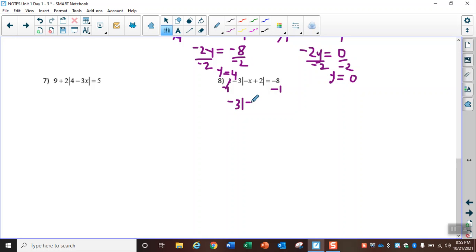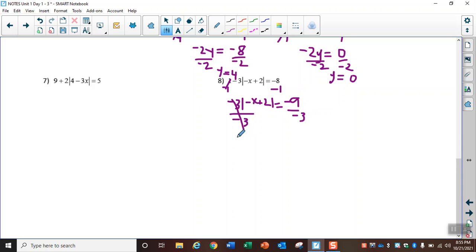So that goes away, and then I've got negative 3 times the absolute value of negative x plus 2 equals, and then I've got a negative 9. So it's negative 3 times this absolute value. So I'm going to divide by negative 3 on both sides.